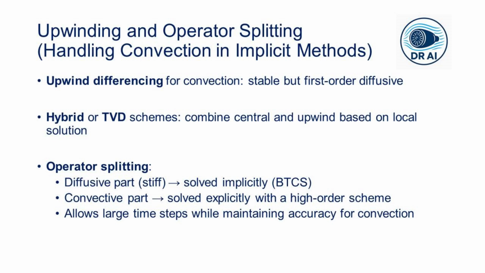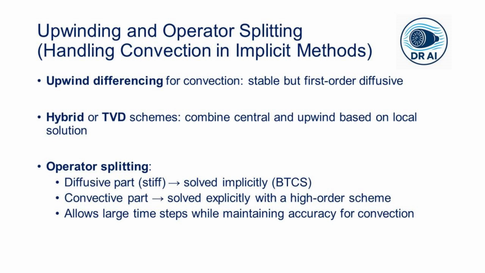In the context of implicit time integration, these spatial discretizations can be combined with the backward-in-time, centered-in-space scheme, leading to a nonlinear system because the upwind selection may depend on the solution itself.